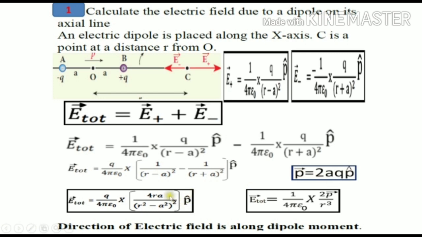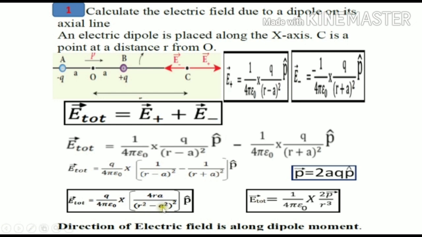Now you substitute this value of the p unit vector, then the remaining term will be 2pr divided by (r squared minus a squared) the whole squared. Now consider that 2a is a very small distance, so a is very small. Compared with r, a is negligible.